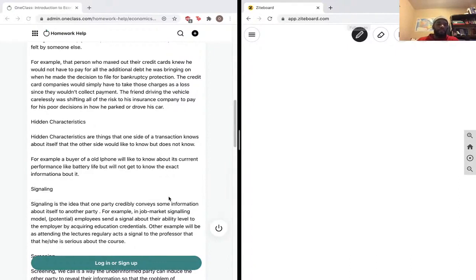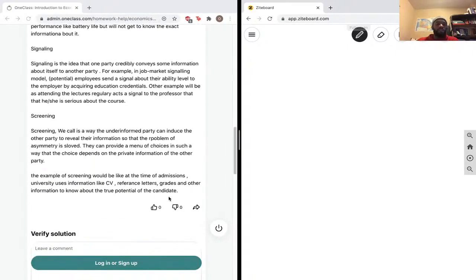The next is signaling. Signaling is the idea that one party credibly conveys some information about itself to another party. For example, in a job market signaling model, potential employees send a signal about their ability level to the employer by acquiring education credentials.